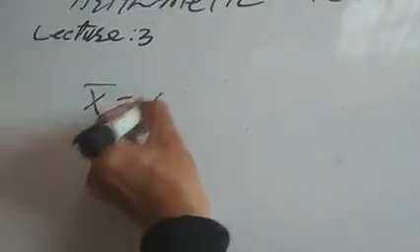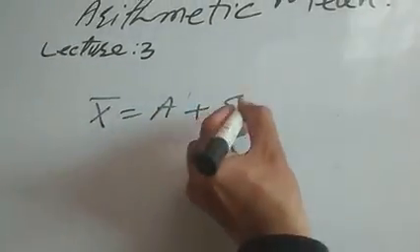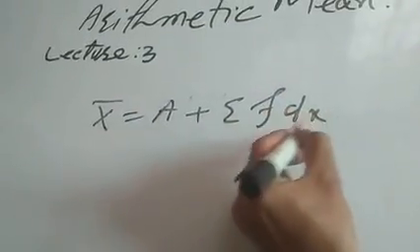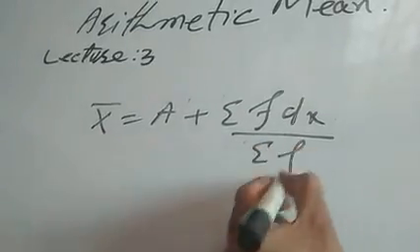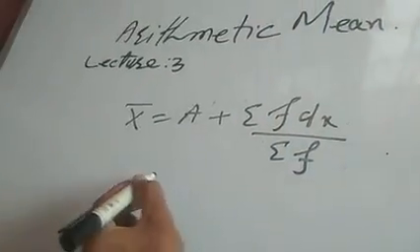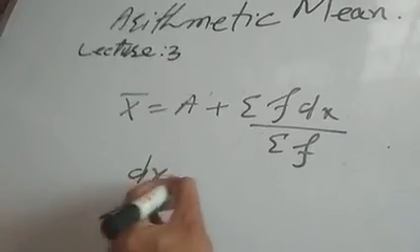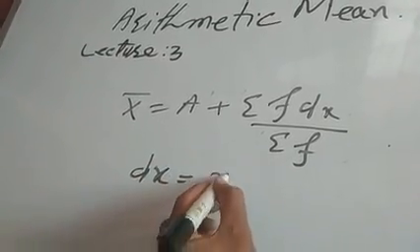What improvement do we make? There is a little improvement in that. In case of the shortcut method, I have already told you x bar equals a plus summation f dx divided by summation f, and you know in this formula dx equals x minus a.